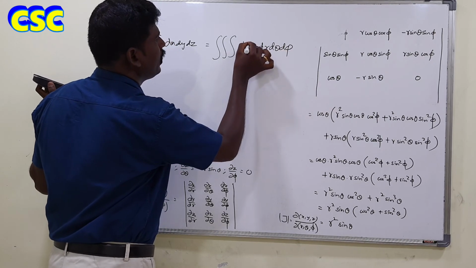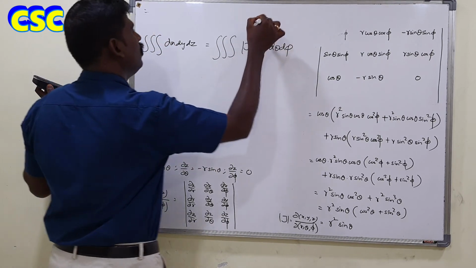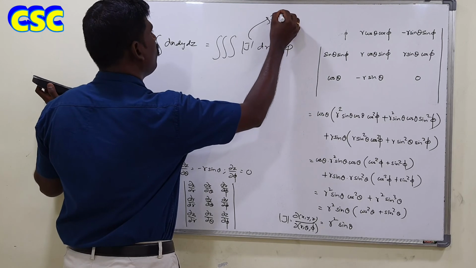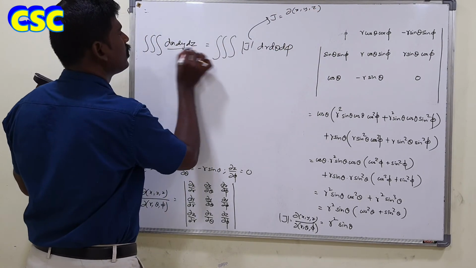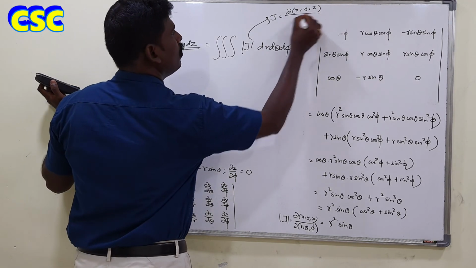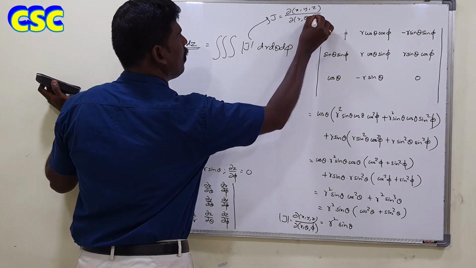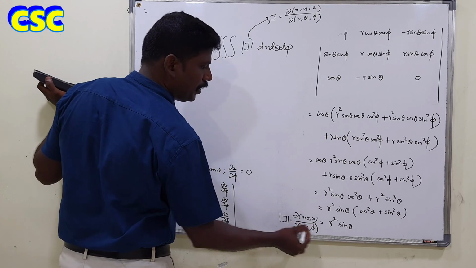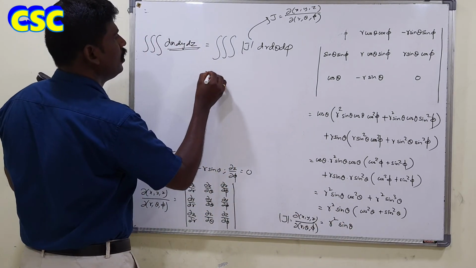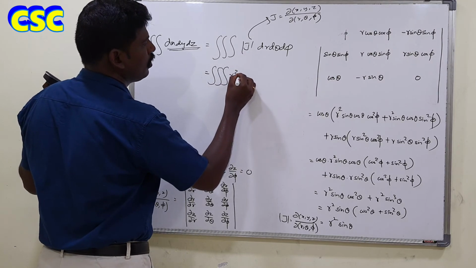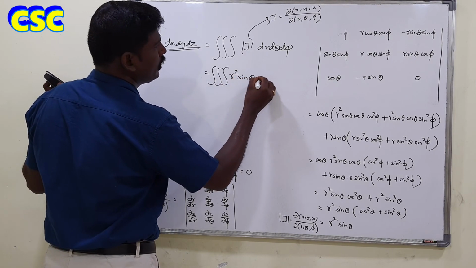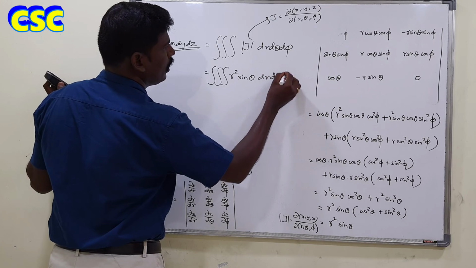So what should be written here? Jacobian of partial derivative of x, y, z with respect to r, theta, phi. What is this value? We found r square sin theta, isn't it? Right? So what is this value? r square sin theta into dr d theta d phi.